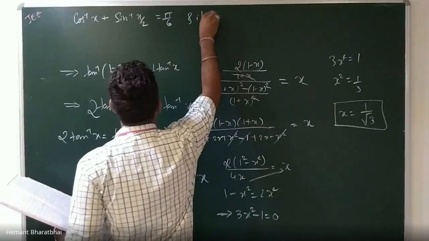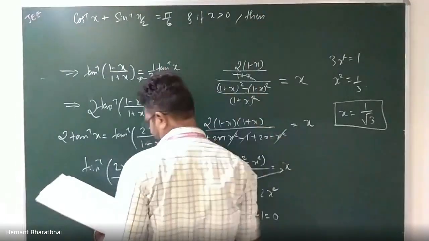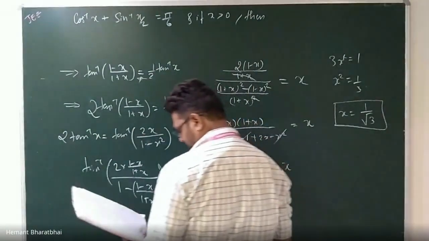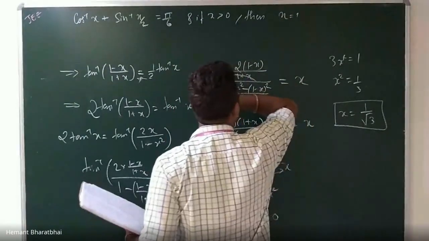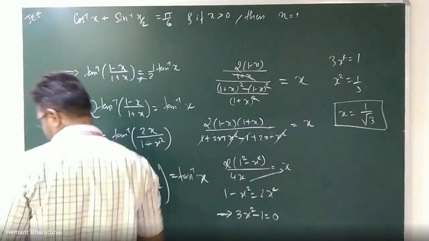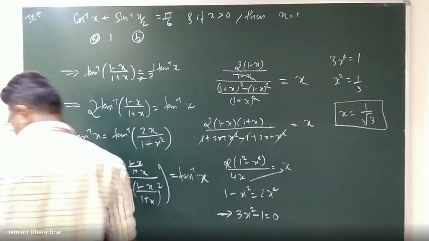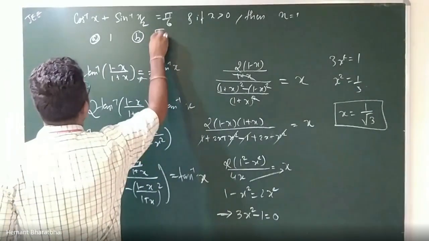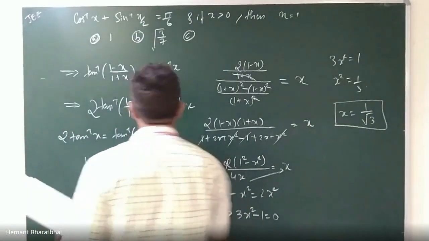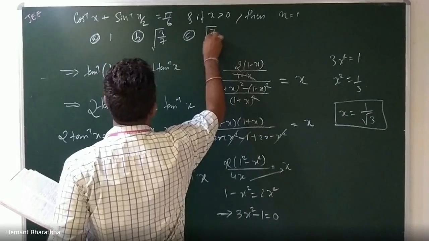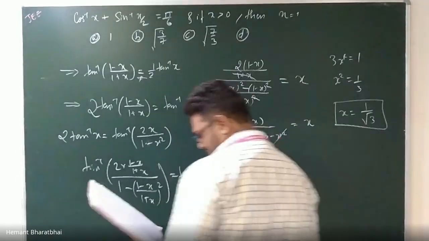And if x is greater than 0, then x is equal to: option number A, 1, option number B, root 3 by 7, option number C, root 7 by 3, and option number D.